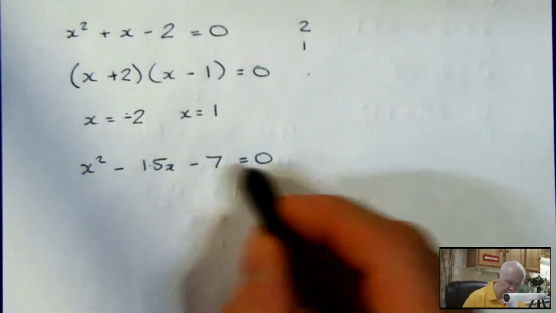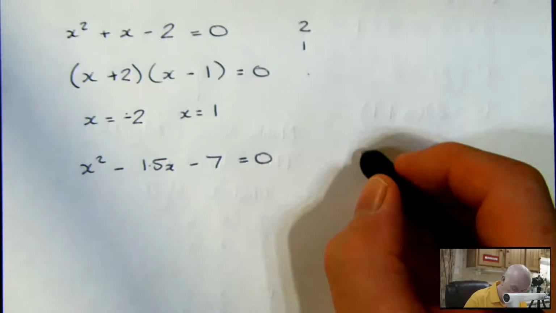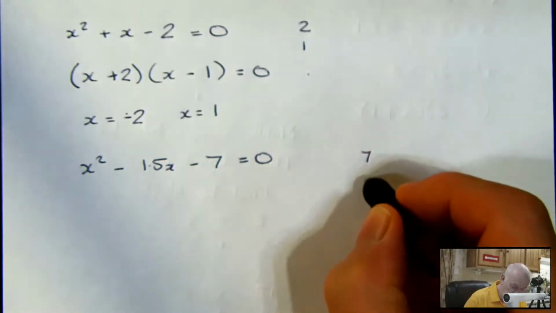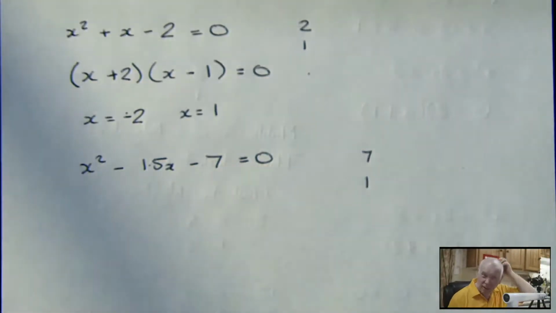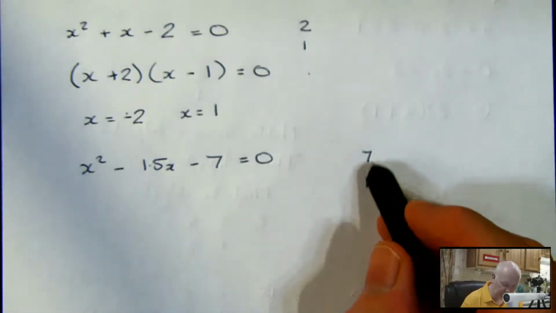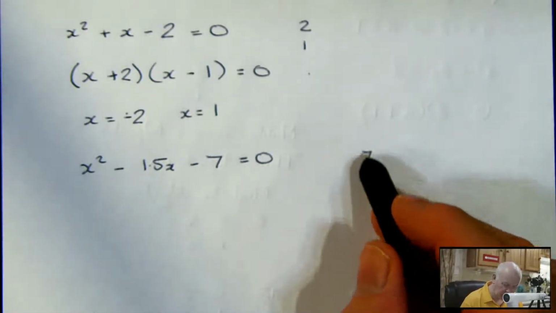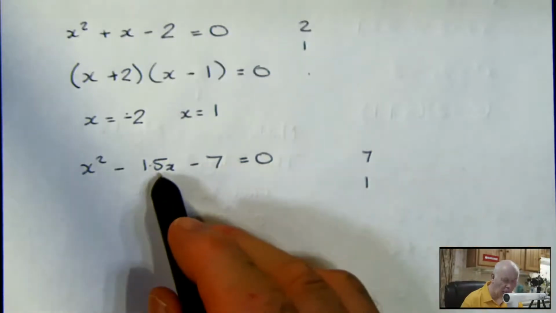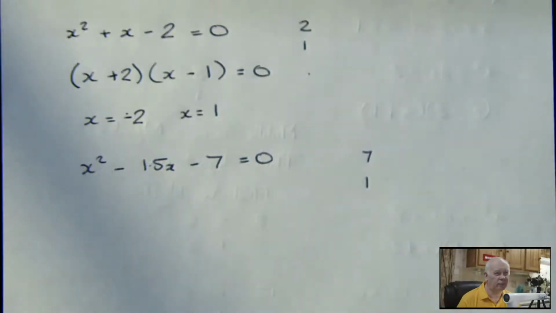I've got factors of 7, okay. So my factors of 7 are only 7 and 1. Well, this isn't going to go very nicely, is it? Because I've got to make 1.5.